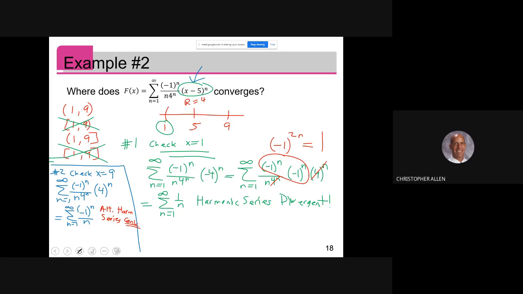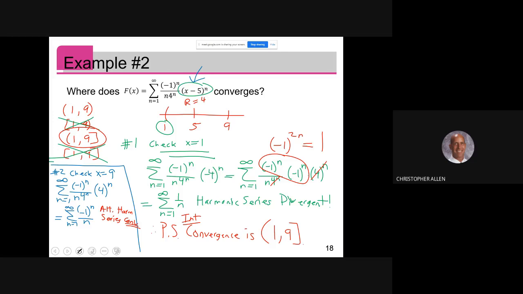Converges. Therefore, the power series interval of convergence is 1 to 9, including 9.